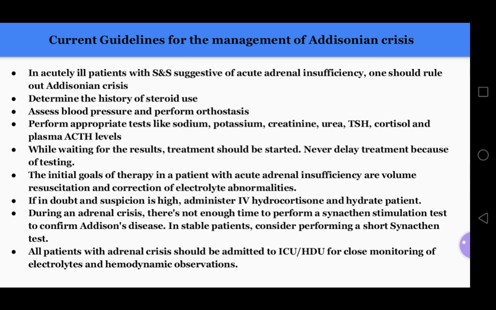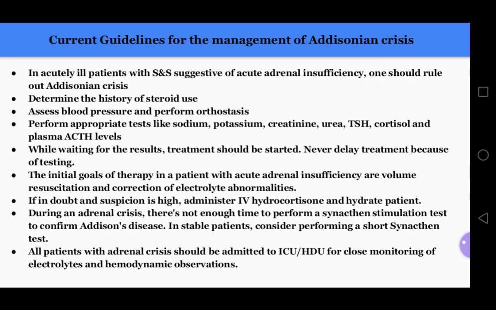The initial goals of therapy in a patient with acute adrenal insufficiency are volume resuscitation and correction of electrolyte abnormalities. If in doubt and suspicion of Addisonian crisis is high, administer IV hydrocortisone and hydrate the patient.